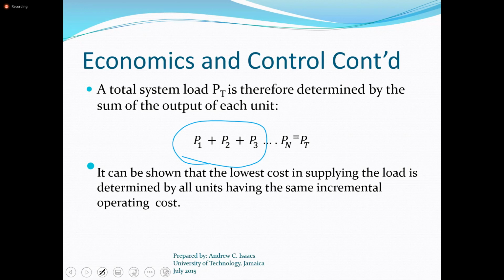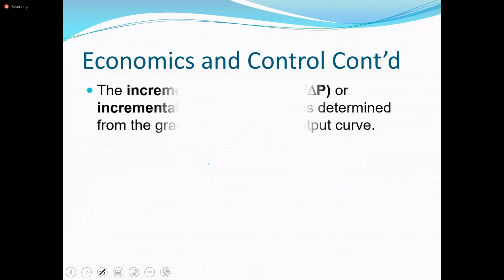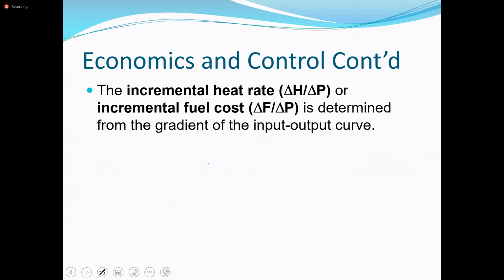as we said before, and I think you have this diagram also. In supplying the load, the lowest cost is determined where the incremental heat rate or incremental fuel cost is. So the heat rate is where we would have had it in BTU per hour. All right. The incremental cost is where we have it in terms of dollars per hour.